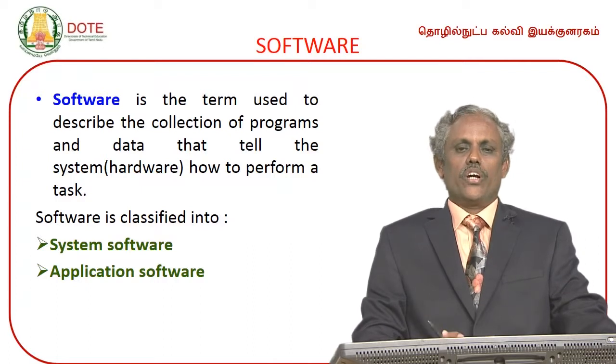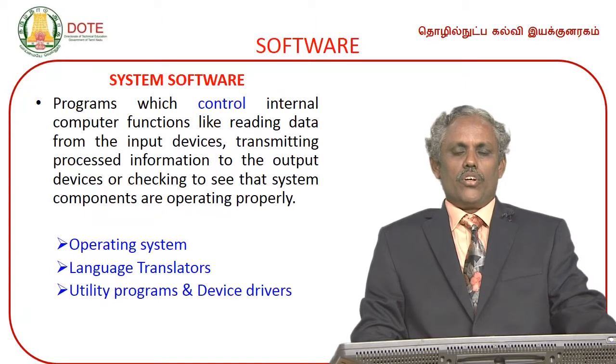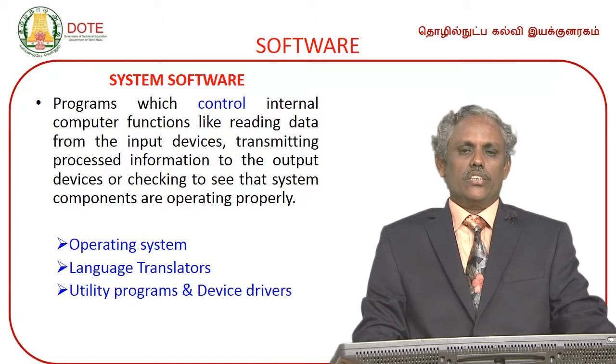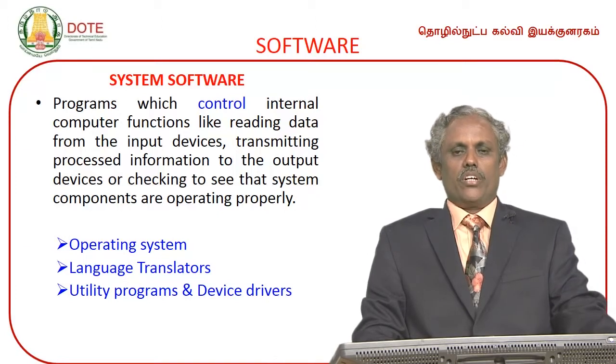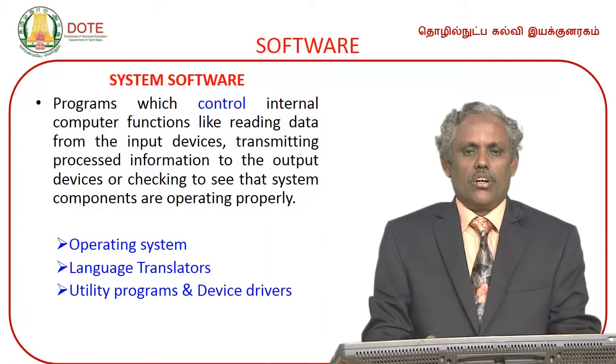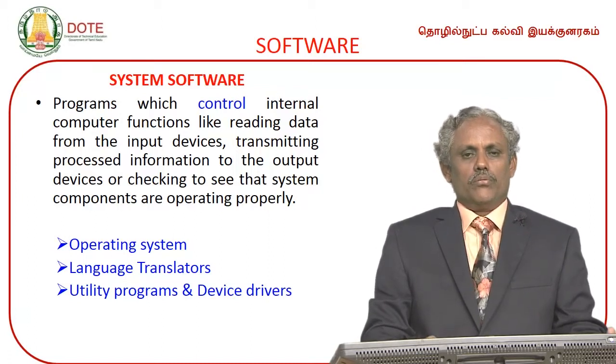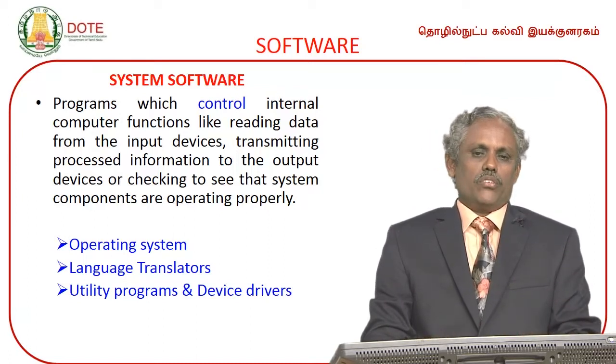These are the two kinds of software. The system software are the programs which control the internal functions of the computer, like reading data from the input devices, transmitting processed information to the output devices, or checking to see that the system components are operating properly. So, the system softwares are the control programs.